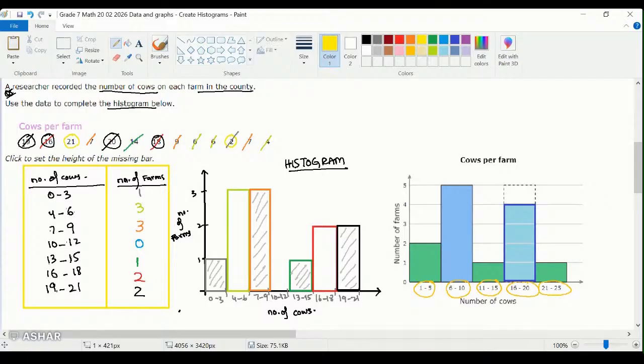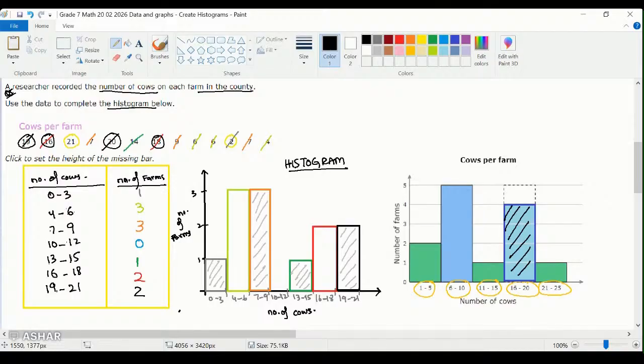Or if they tell us that the cows have to be divided into groupings of 1 to 5, then we follow 1 to 5, 6 to 10, 11 to 15, right? With restriction. Or if they give us an incomplete diagram, we simply count from the information provided and complete the graph. Then we do not have to do the first graph that we have made. They both are accurate, right? They both are representing the same information.